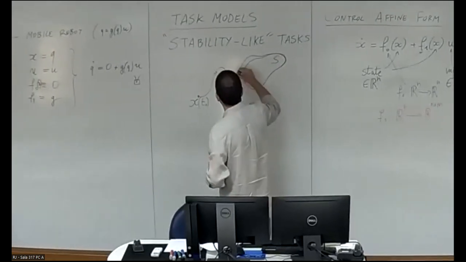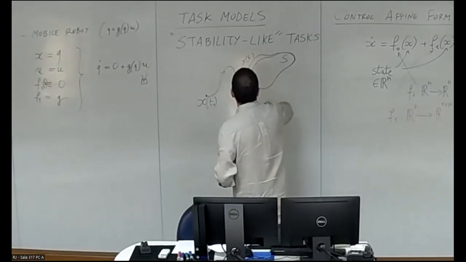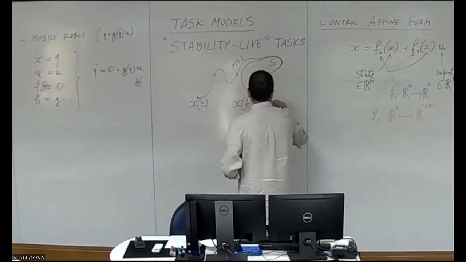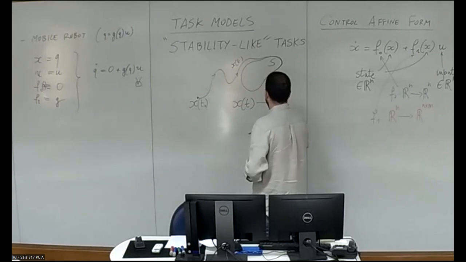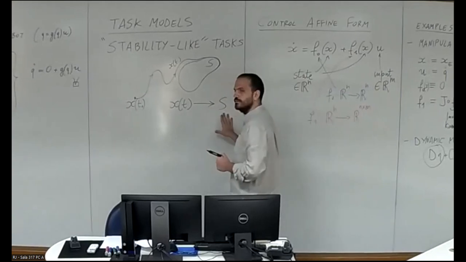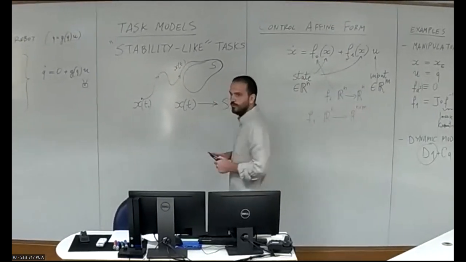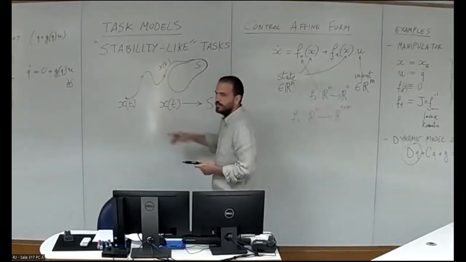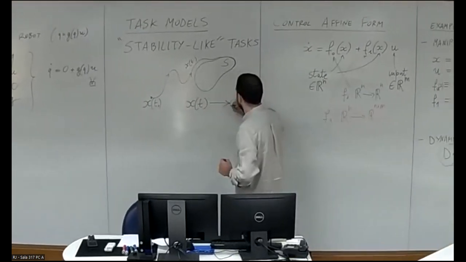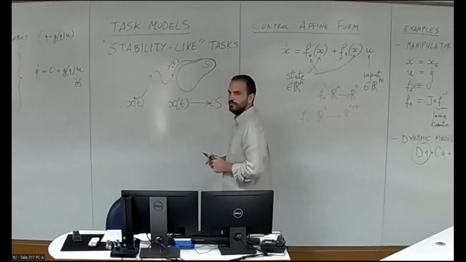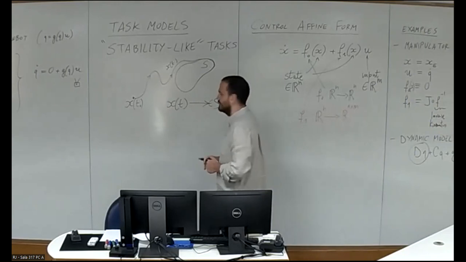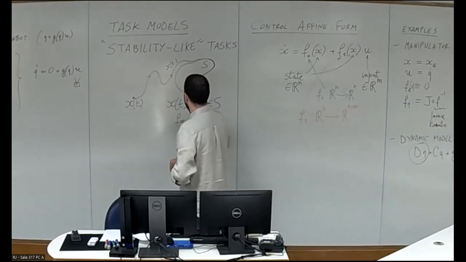So this is the trajectory of our system X of t. And eventually we want that X of t reaches S. So it goes to S. I write it in this kind of informal way. S is a set. This is not a limit. So it's going to belong to S for t that goes to infinity.